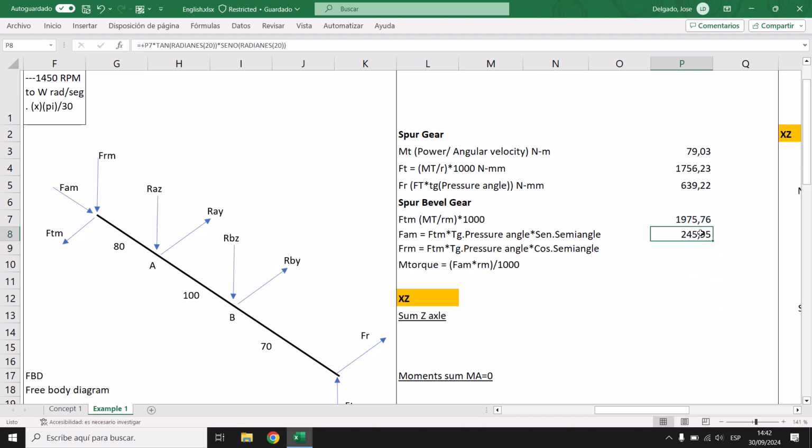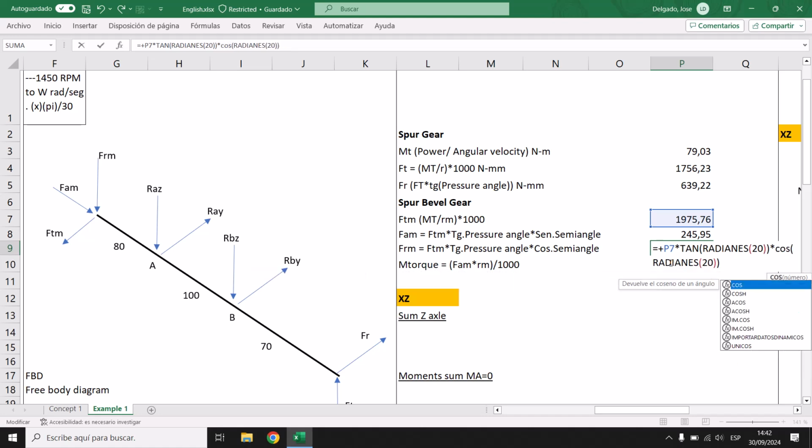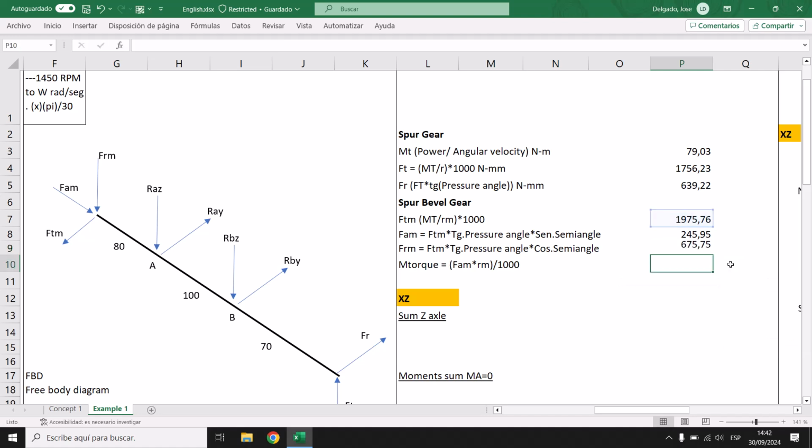Now for the radial load it's the same, you're just going to use the cosine. So you understand me. Okay, so now let's continue with the torque moment.